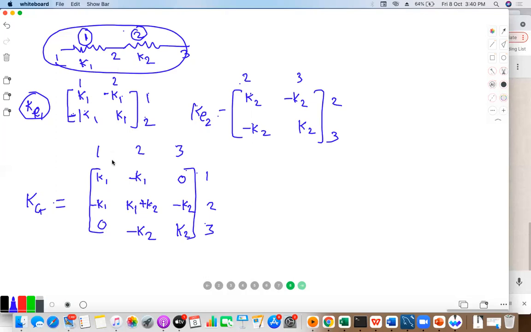Here I have 3 nodes, so 1 2 3, 1 2 3, and I write values in this way.